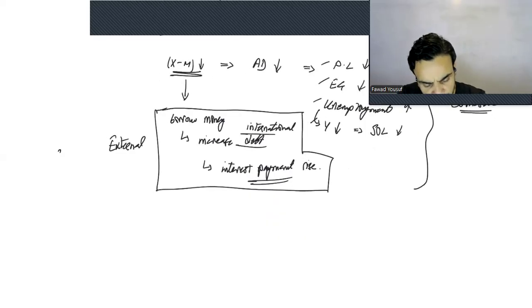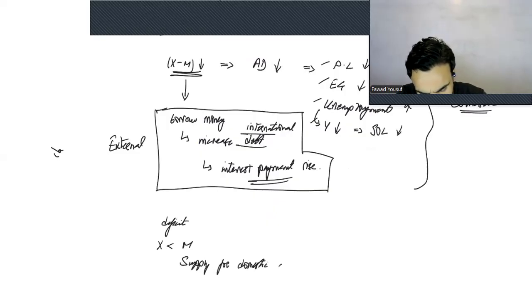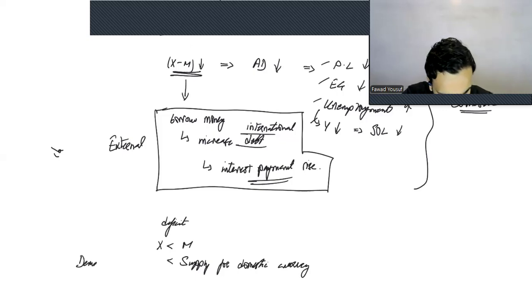Also another thing, that when our imports increase, we can understand this a little like this. When you have a deficit, what is happening is our exports are less and imports are more. So from the currency's point of view, our supply of domestic currency is basically greater than the demand for our currency by foreigners.